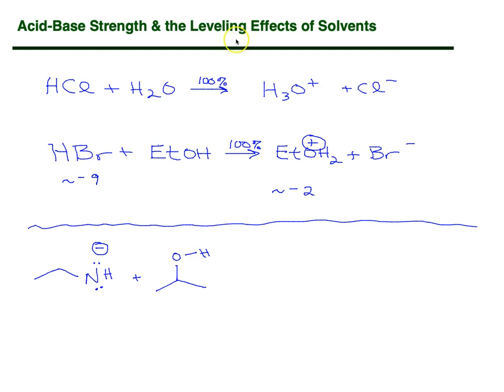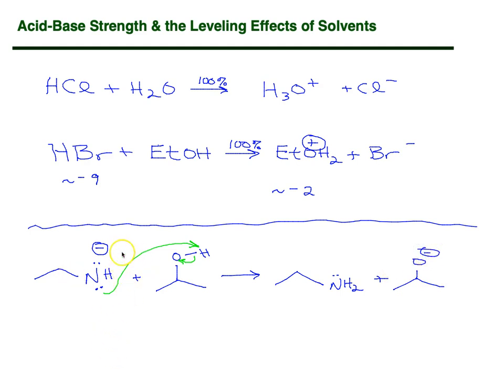So let me show that real quick. It grabs that hydrogen, pushes those electrons back onto the oxygen, and now we have our amine, which has one more proton than the amide ion did over there. And then we have the isopropyl alkoxide ion.